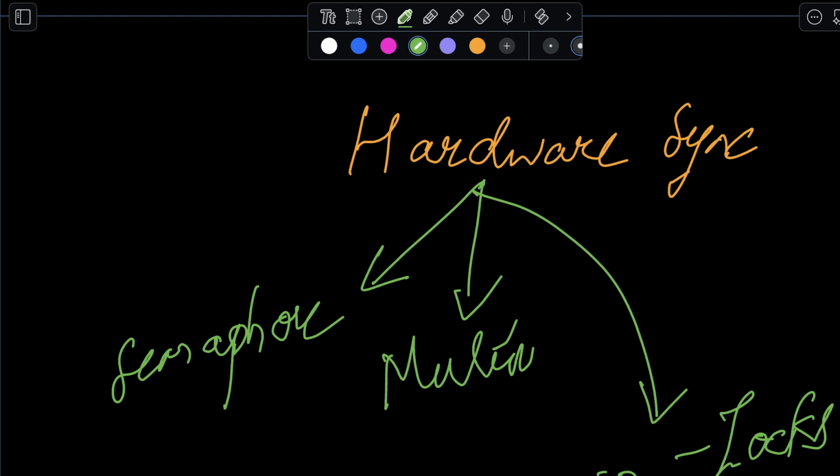First, let's see what a mutex is. First, let's understand the meaning of mutex.